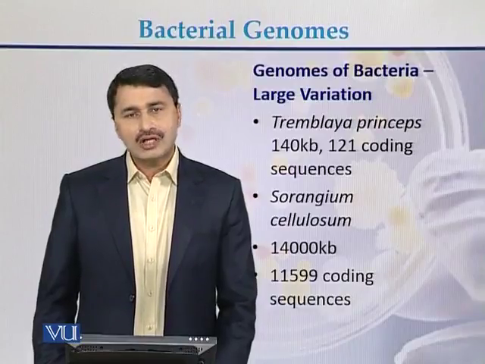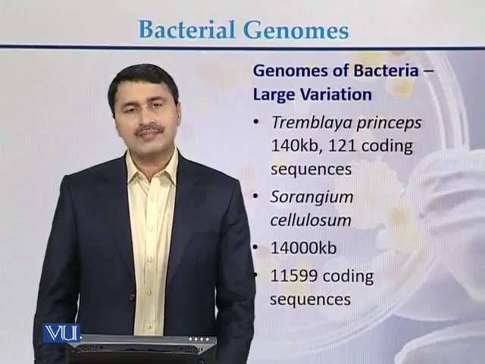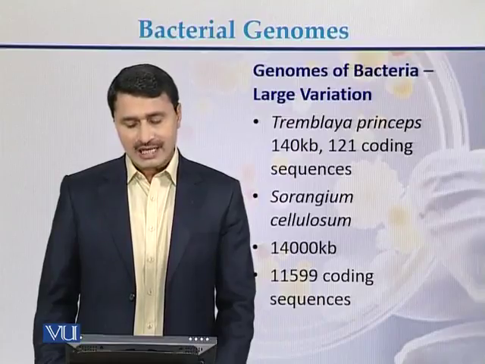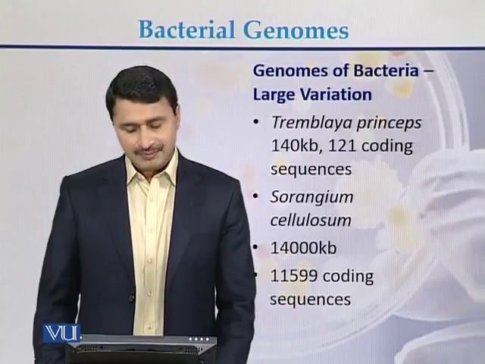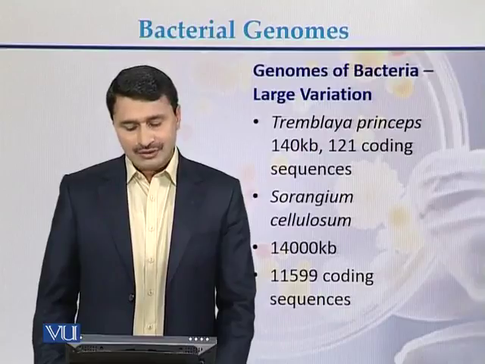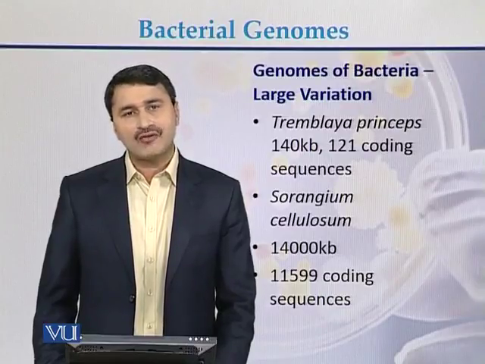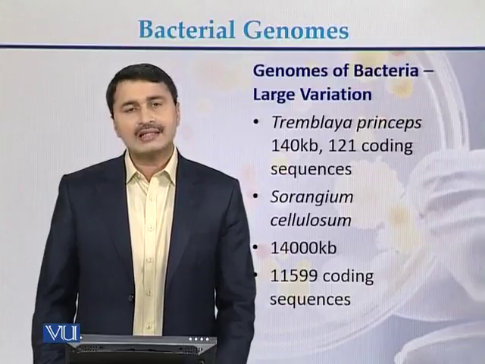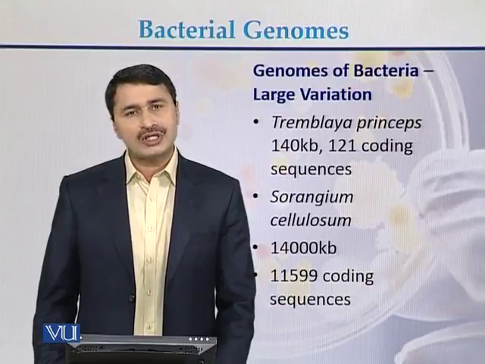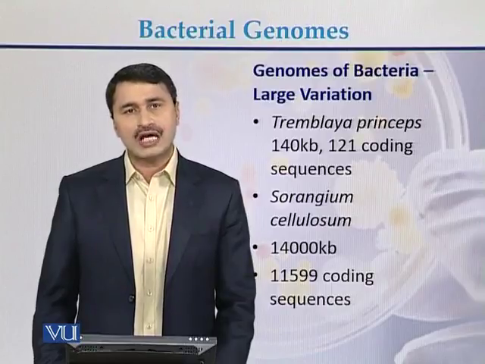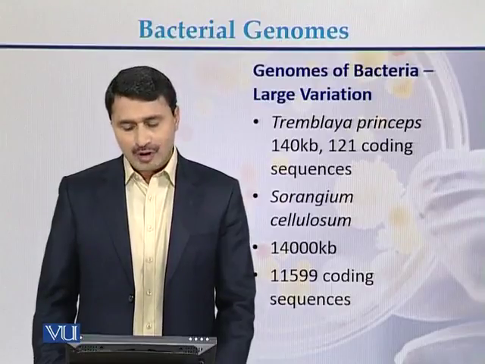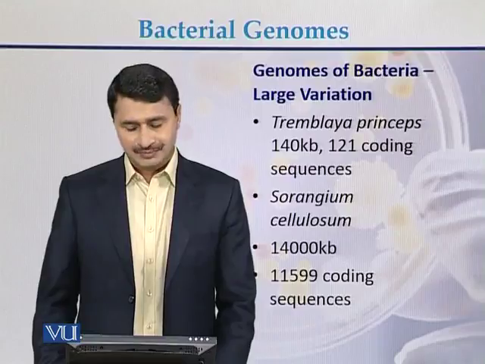Here we have two examples. The first example is of a bacteria, Tremblaya princeps. The genome of this bacterial strain consists of 140 kb and there are 121 coding genes present on the genome of Tremblaya princeps.